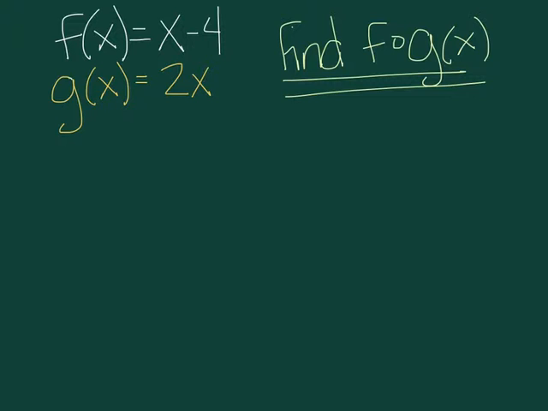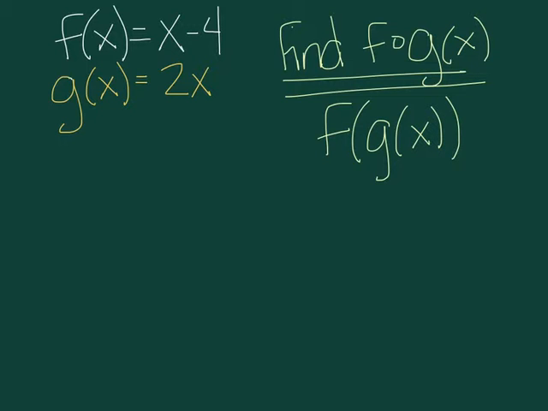Now, this is a very common notation, but I prefer to write them kind of like ripples in a pond. So I'm going to rewrite this as f of g of x. It means the exact same thing.